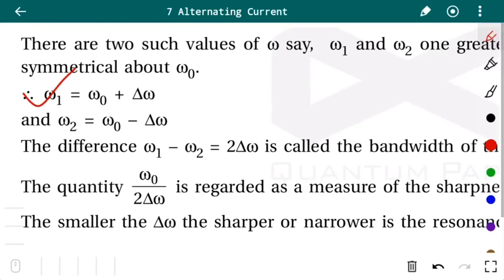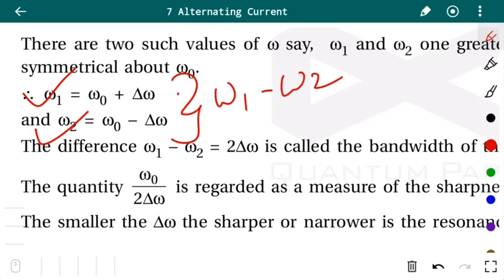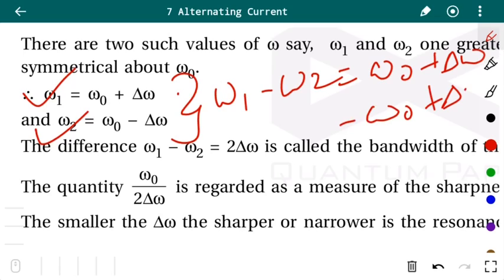Taking the difference of these two frequencies, omega 1 minus omega 2, on the right hand side it becomes omega 0 plus delta omega minus omega 0, minus minus plus delta omega.